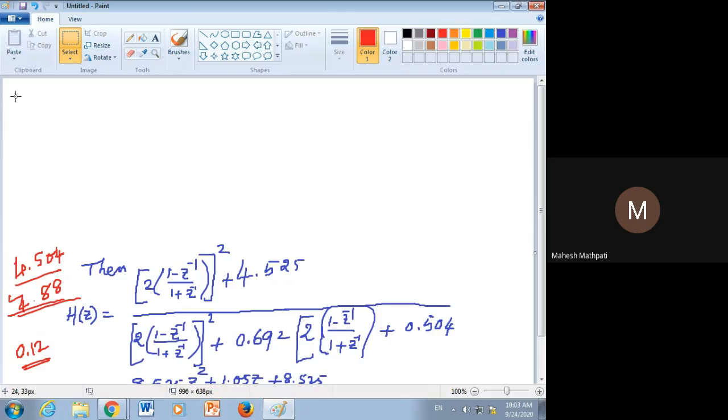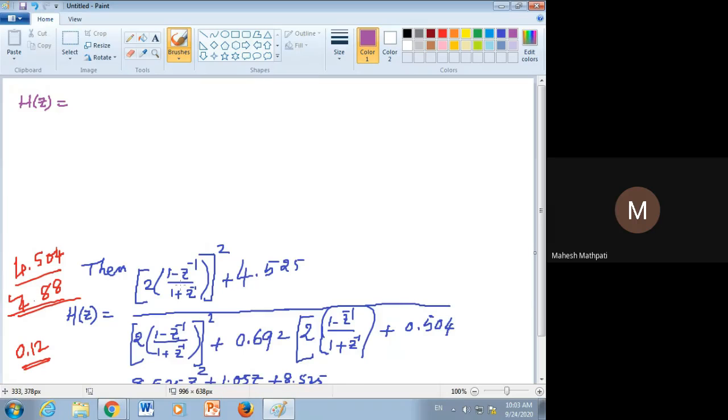So h of z equals to, this first term we will solve first.